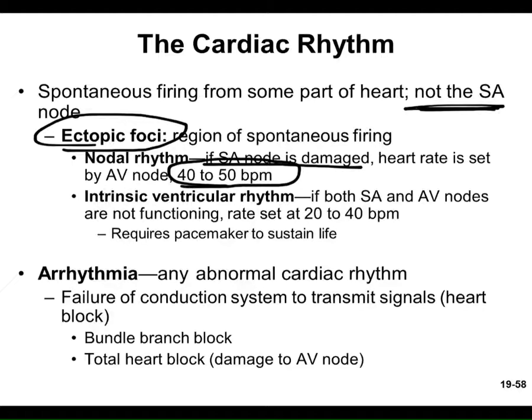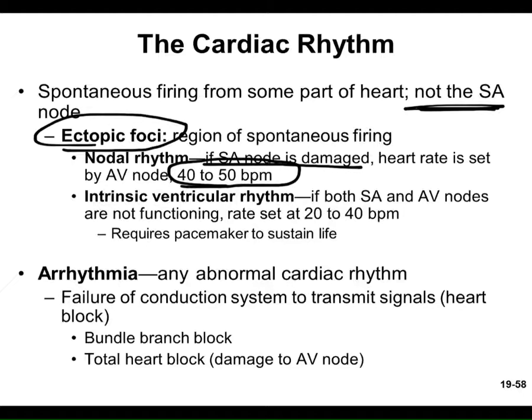Because even before the AV node can fire, the SA node has fired and has activated it, hasn't it? So the SA node is setting the pace. It is the pacemaker, firing 70, 80 times a minute. If the SA node is defective and not firing, the AV node will fire.